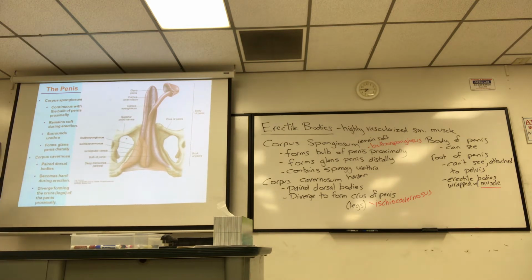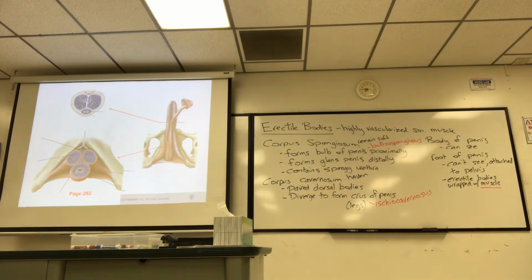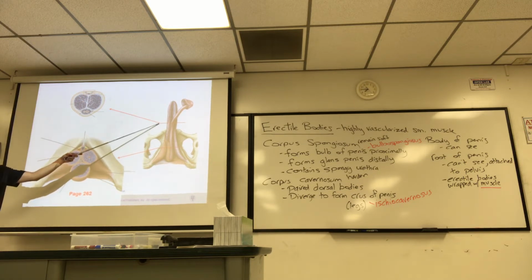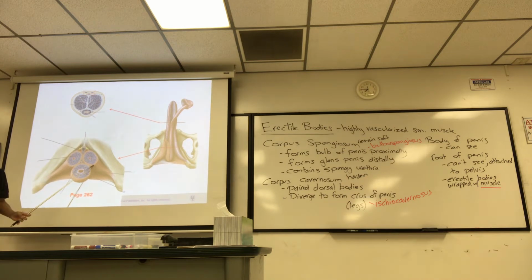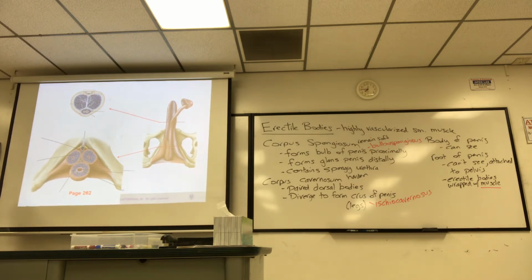And also, if you look at this picture here, if you cut the penis and get a cross-sectional view, you get this picture and this picture. So what I expect students to notice is, can you see those muscles here?